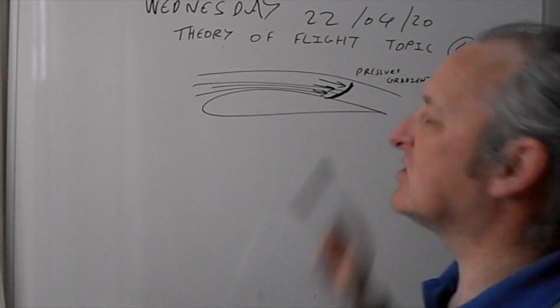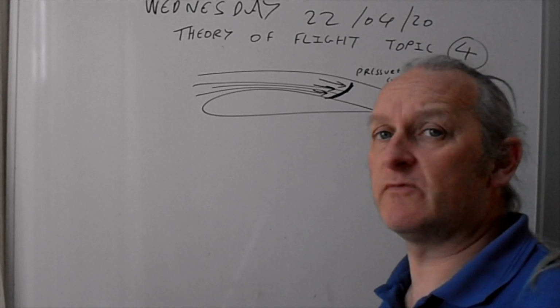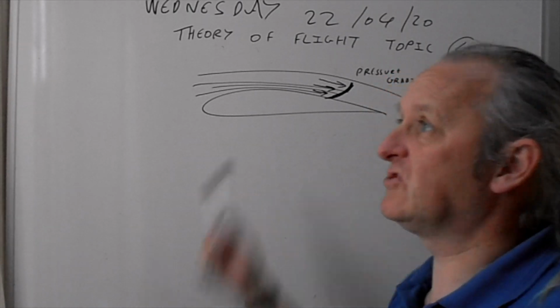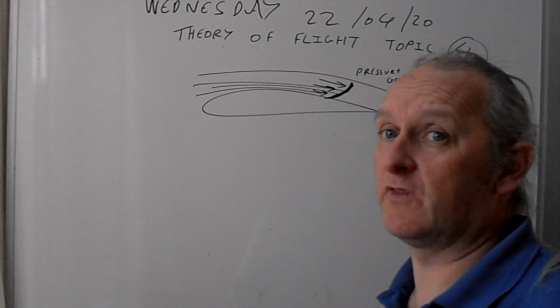Normally I would put PG up there for pressure gradient, but a lot of people have been very lazy when they're doing drones and just putting PG. If you're doing it on an assignment, you have to say what it is, the whole thing.